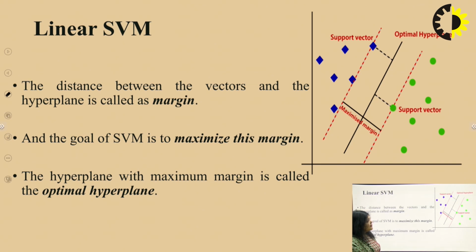So if the maximum margin is there in the decision space, then if a point lies here, for example, next time, this point will again be classified correctly to the corresponding decision boundary, or to the corresponding class.